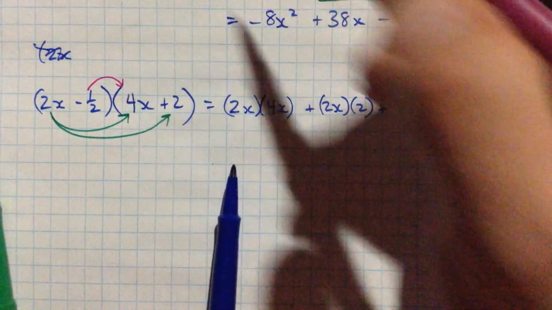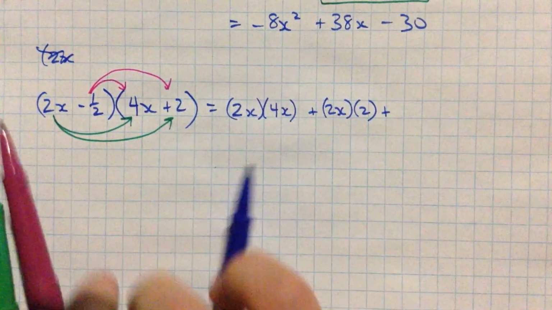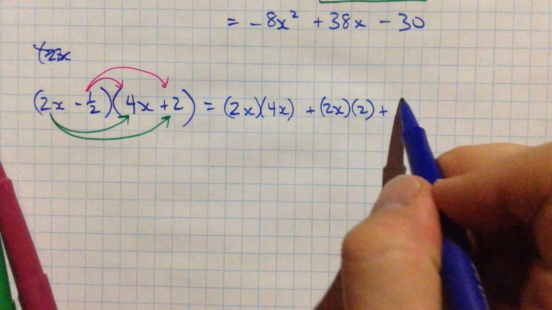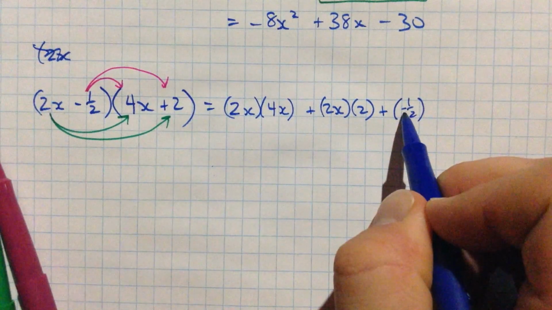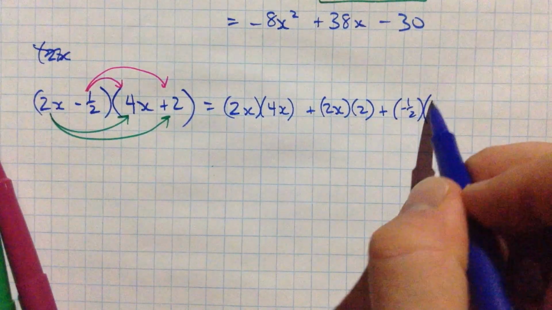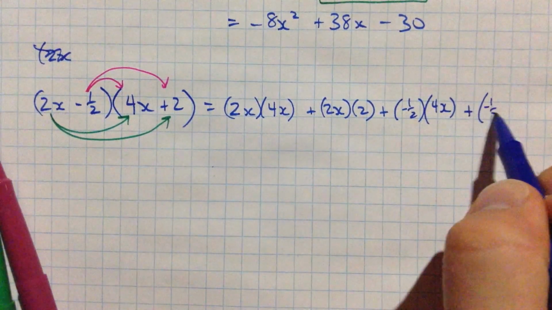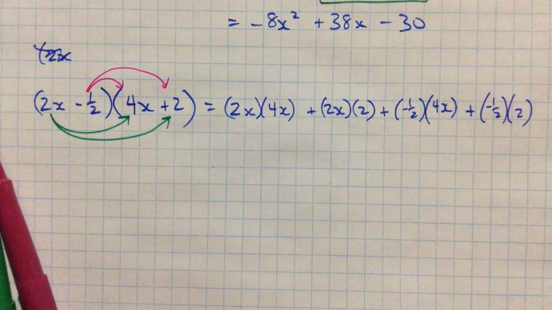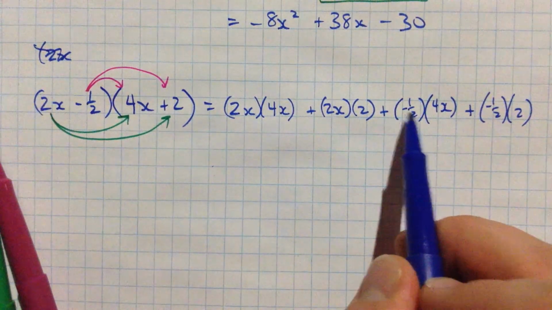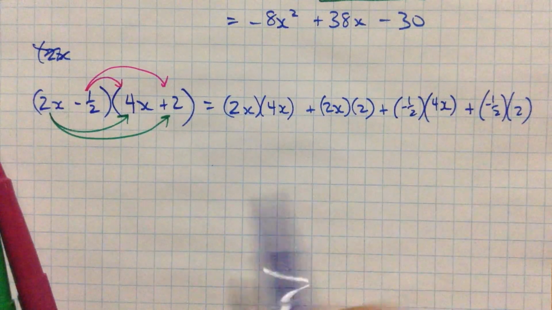We have negative 1/2 times 4x and negative 1/2 times 2. Negative 1/2, there's the minus sign, I kept it inside the brackets, times 4x plus negative a half times 2. Keeping my minus sign, you see it's there in both places.